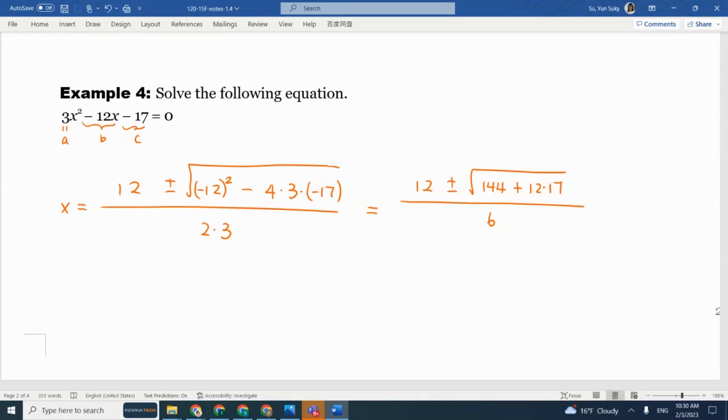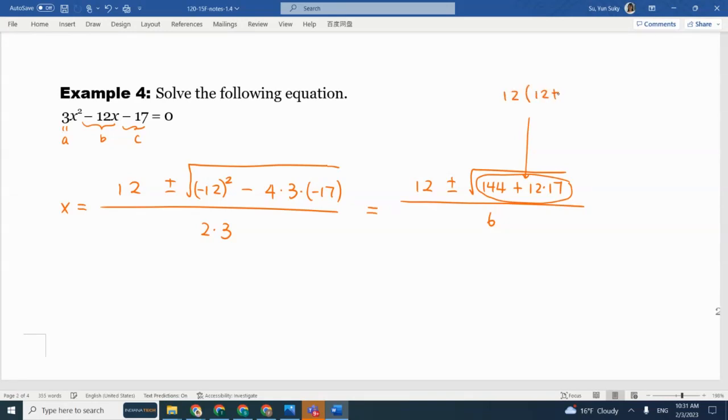Okay, can we simplify it? Yes, we might, but not much. Okay. What is 144 plus 12 times 17? Do you see the common factor is 12? Because 144 is 12 times 12. So we factor out the 12.